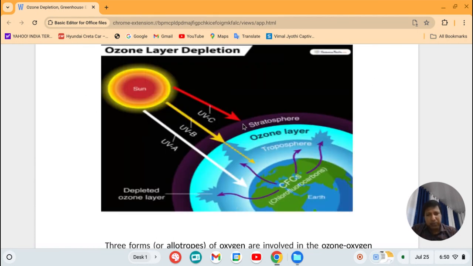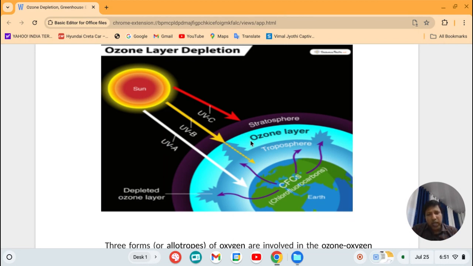Here you have O2 in the stratosphere, that is the violet color. That O2 absorbs UVC light and O2 and O will be formed. So it absorbs the heat from the stratosphere. Now it will move downwards, and ozone and O will be present here.